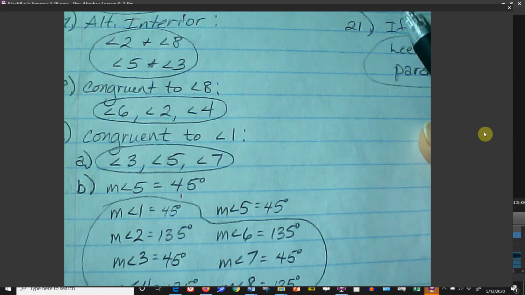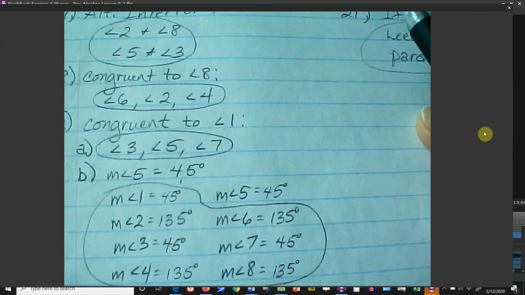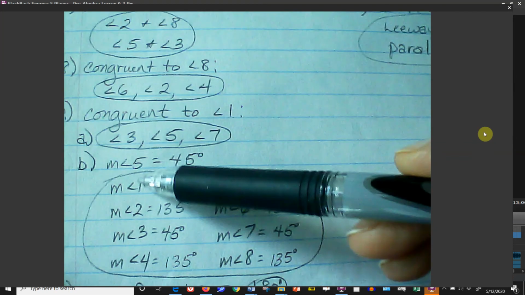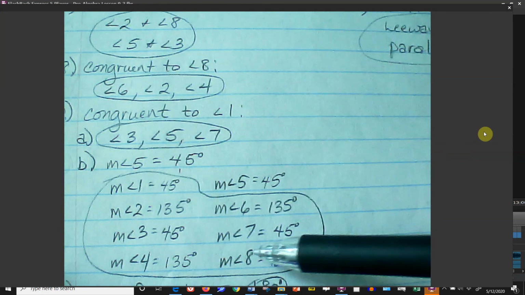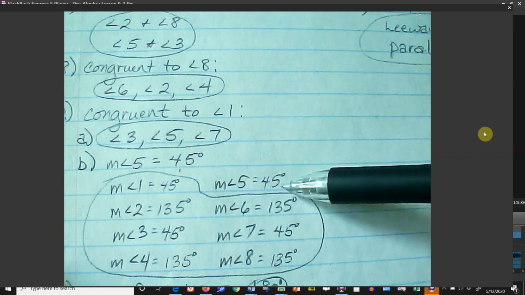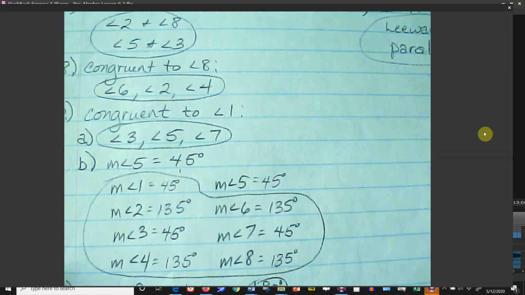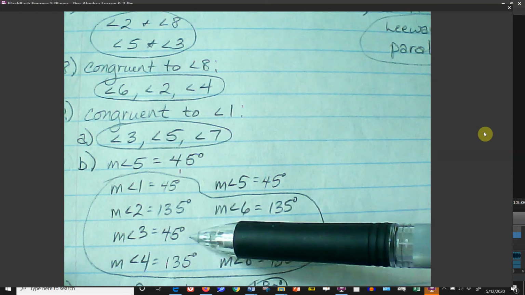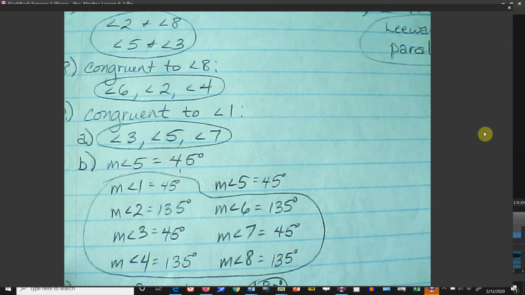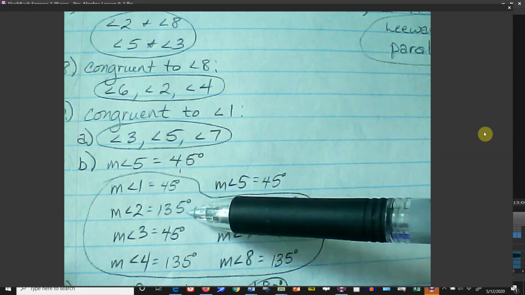And if the measure of angle 5 is 45, it asked us to find all of the angles, right? So I just wrote down measure of angle 1, 2, 3, 4, 5 was given, 6, 7, and 8. So the ones we had to find, since 5 was given, are these. Now, all of the acute ones are 45 degrees, which means that 1, 3, 5, and 7 are all 45 degrees. And all of the obtuse ones are 135.